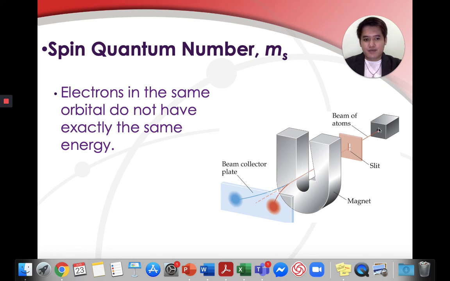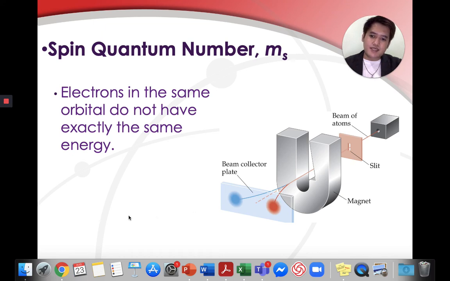If you have a beam of atoms here and you let them through a slit and you let a magnetic field interact with them, they found out that for two adjacent atoms in the periodic table, one is deflected to the right and another is deflected to the left, so different deflections.